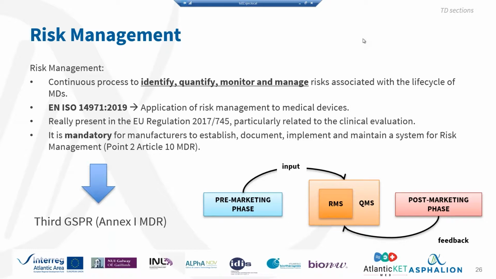Once you do the initial testing of your device, you will identify particular risks and come up with particular ways to mitigate them. But there will also be a super important input, which is the feedback once you have placed a device in the market, because there are risks that you might not have identified that will show up afterwards. We will see a little more of this process in detail in a second.